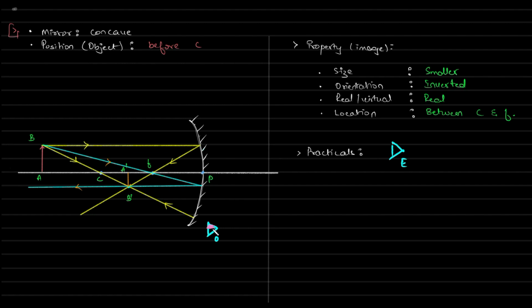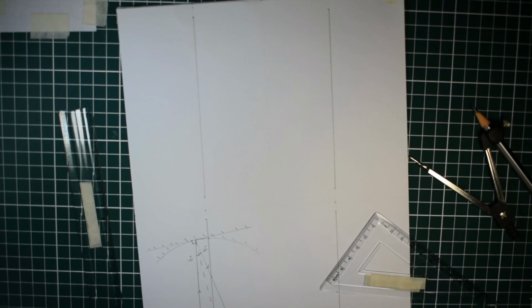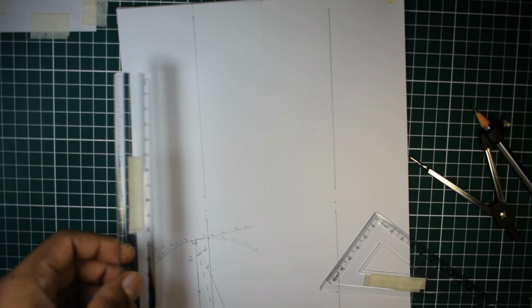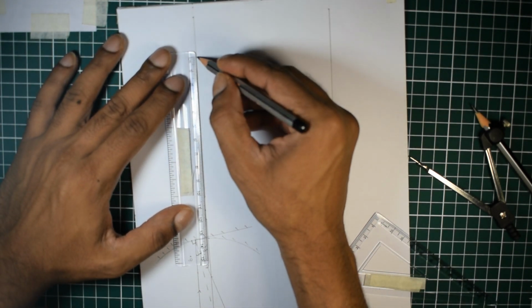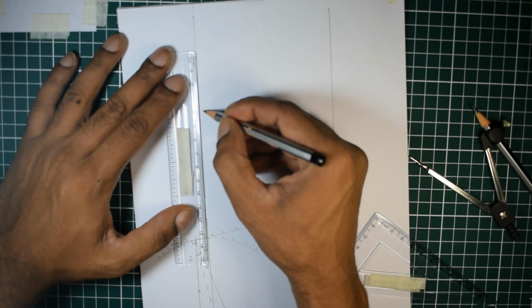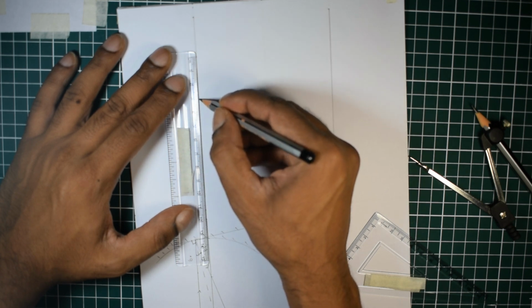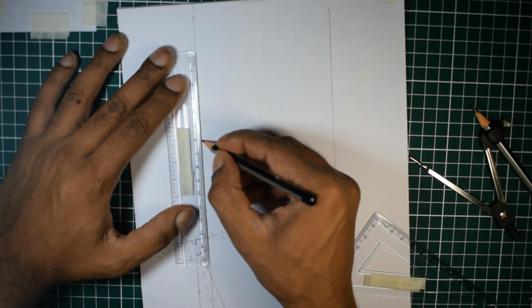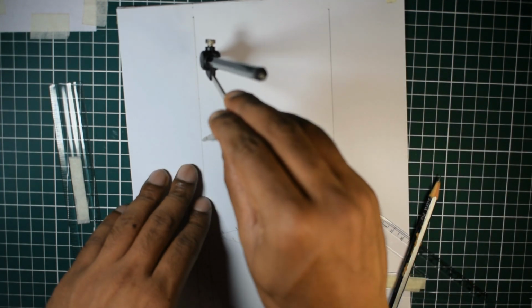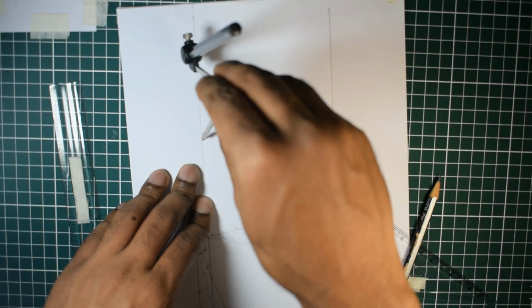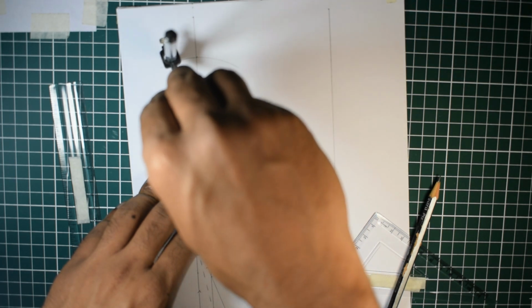So let's see the practicals. Let's draw this practically on a sheet of paper. Remember, first thing is always draw a straight line around 15 to 12 centimeters at least. Then mark 0, 3, and 6. Same set of steps. Then draw an arc of 6 centimeters again.